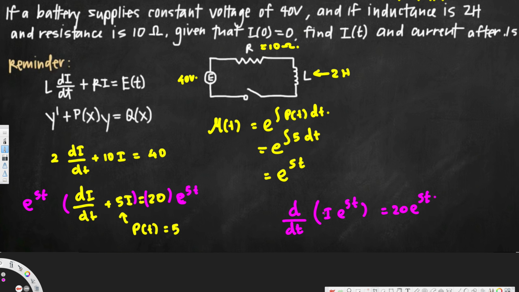And if you notice, I left this other part alone, because in linear first order differential equation, after you multiply this by the integrating factor, the first value, if you take that one alone, that's going to be equivalent to the whole thing. If you are in doubt about this, you can find the derivative of this one and you will get this one back. So that's why the integrating factor is really helpful, because that will make everything easier, right?